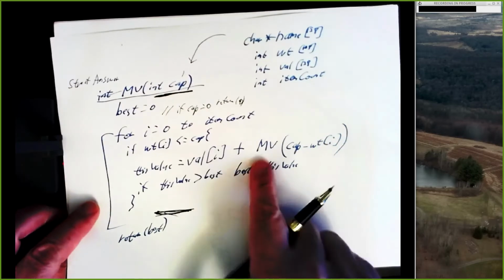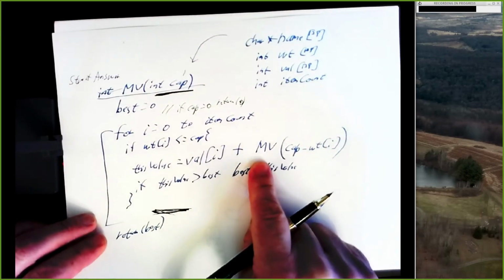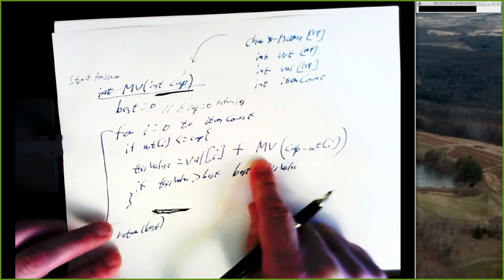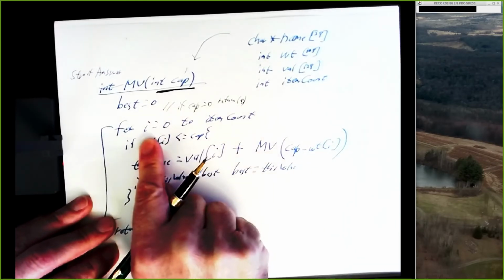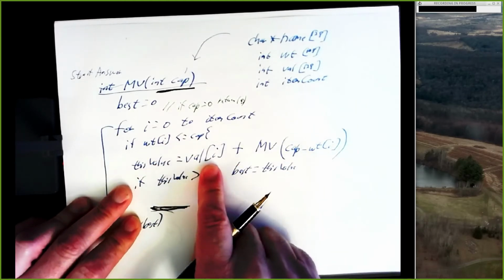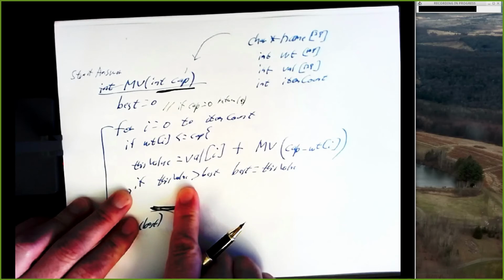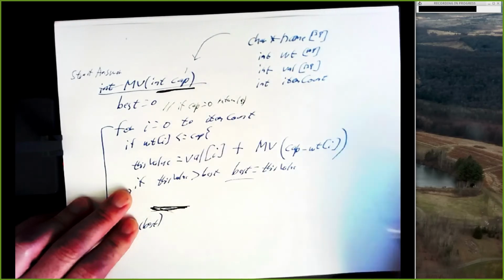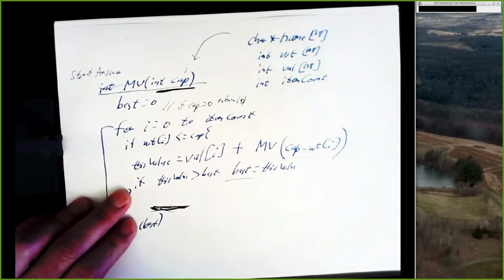So call MaxVal recursively, save the value that you get back in a local variable, bump up the count of item i, because this is a value we get by starting with item i, and then if the value is bigger than your best value, save not only the best value itself, but save the corresponding item count.